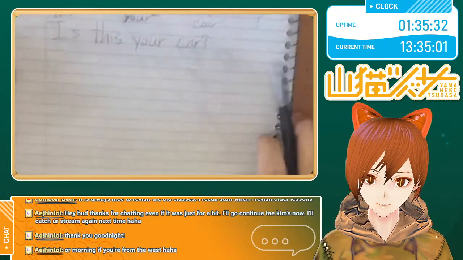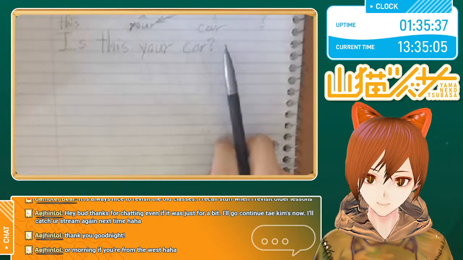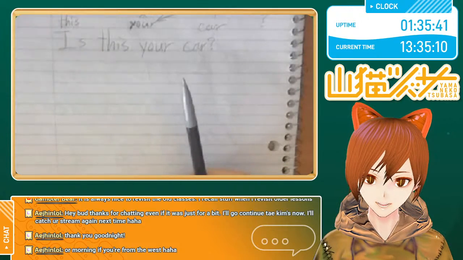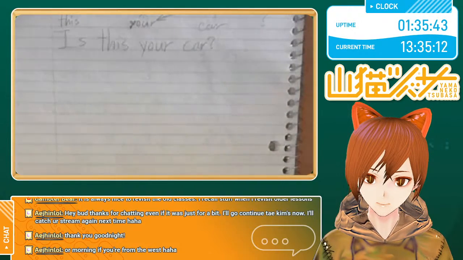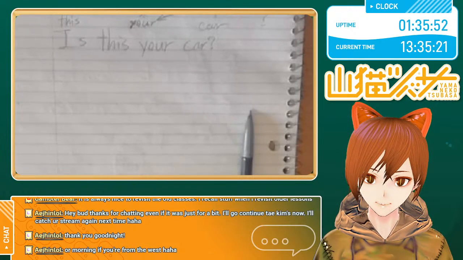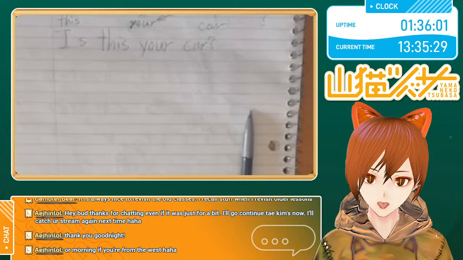Exception, I'm thinking right now, is if you're both in the vehicle and you're like, ooh, nice car. Is this your car? If you want to say it like that, you'll say, これはあなたの車ですか? And that's because you're referring to an object that's close to you. As long as it's close to you, you'll say これ. If it's not close to you, but it is close to the listener, you'll say それ. This is a very specific case.